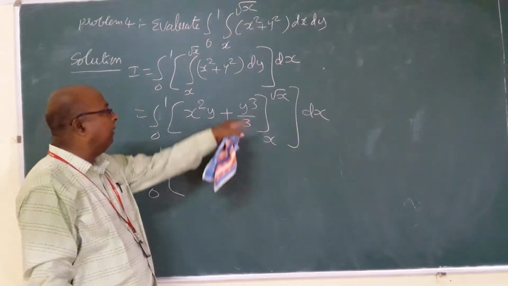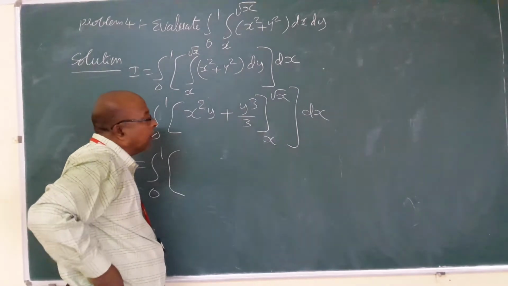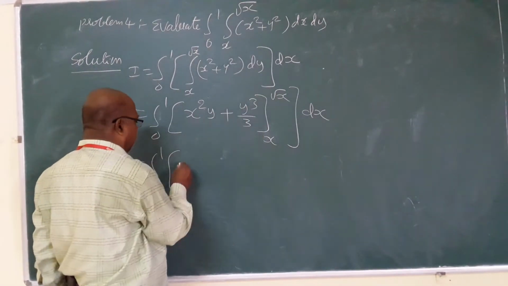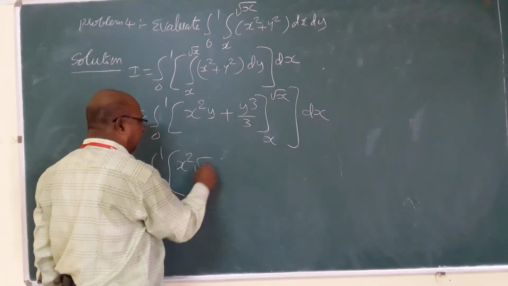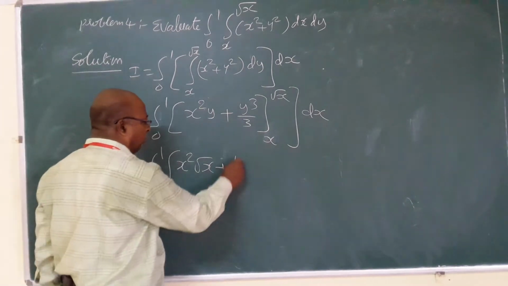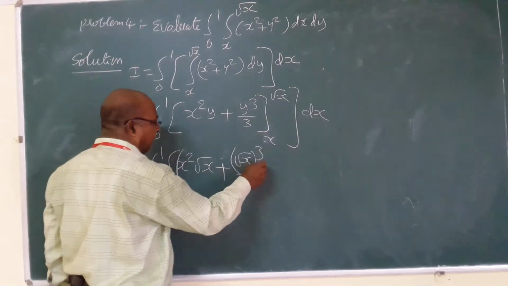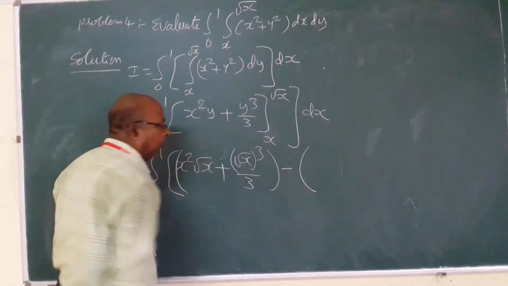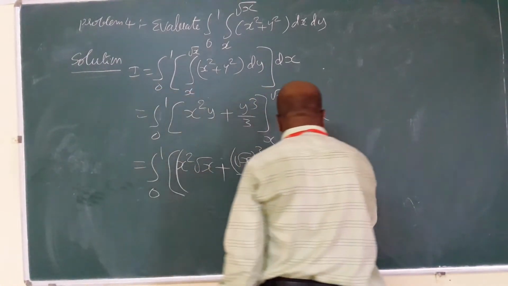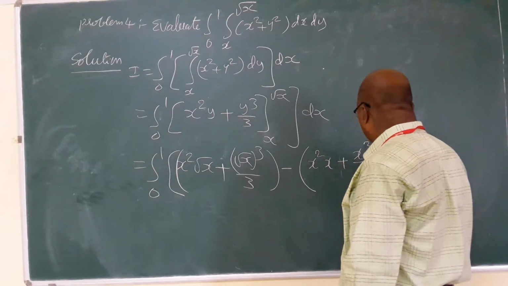Substitute first the upper limit in the integration with respect to y. Instead of y write root x, so x square into root x, whole cube by 3. This is the upper limit value, minus the lower limit. Instead of y we write x square, into x plus x cube by 3, dx.